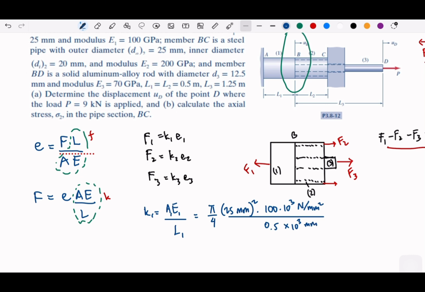You can compute this, and we get that this is around 98.174 kilonewton over millimeter.